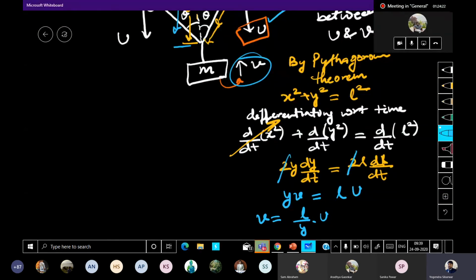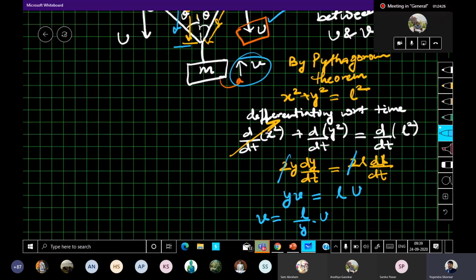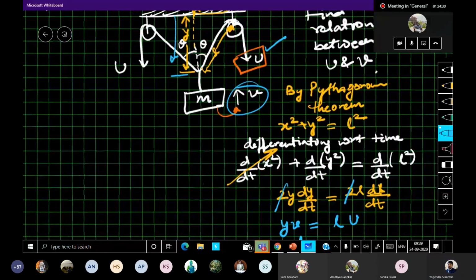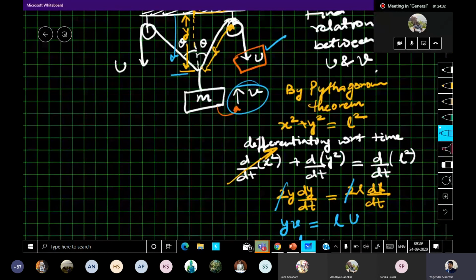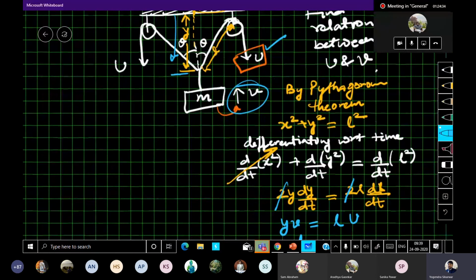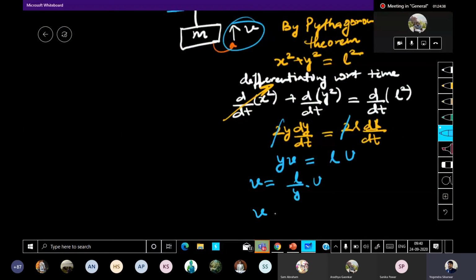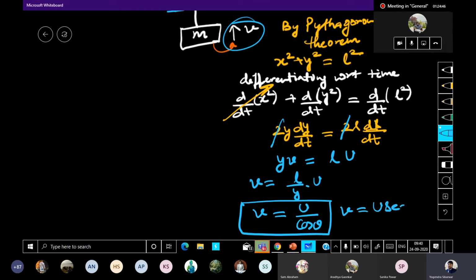Now what is y? What is L? L is the hypotenuse and y is the base. So that will be sec theta. So either you can write v is equal to u by cos theta, or you can write v is equal to u sec theta. This is the answer.